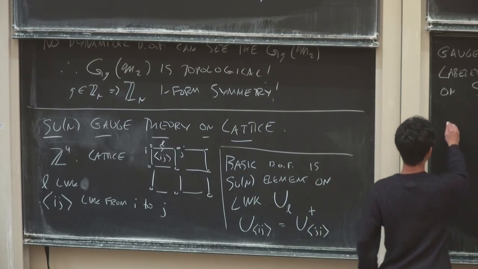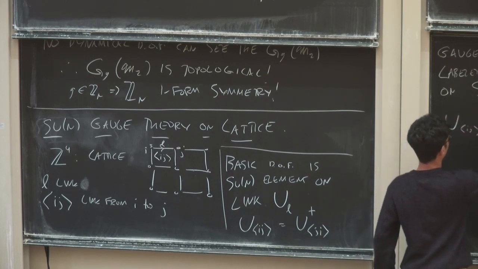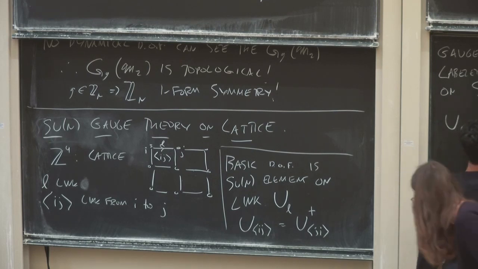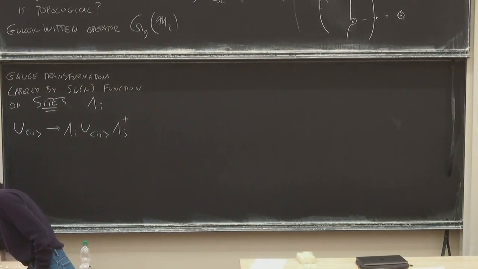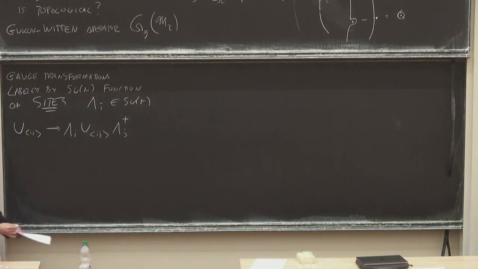And under a gauge transformation, the way that my variable U_ij transforms is like this. U_ij goes to lambda_i U_ij lambda_j dagger. Okay? So just to stress, lambda_i is an SU(N) element at every site.